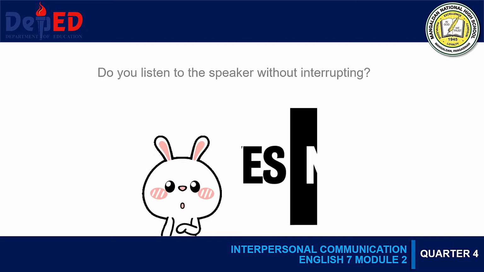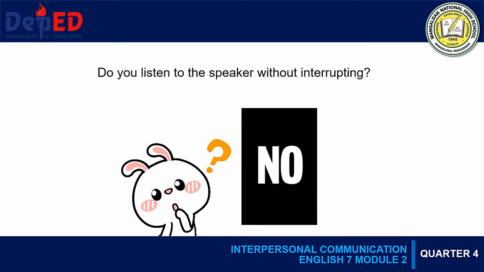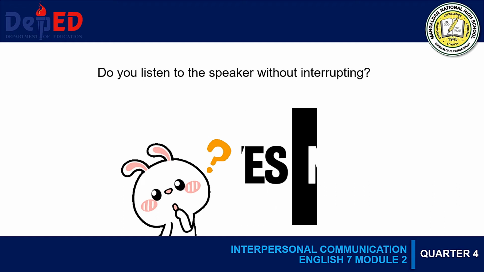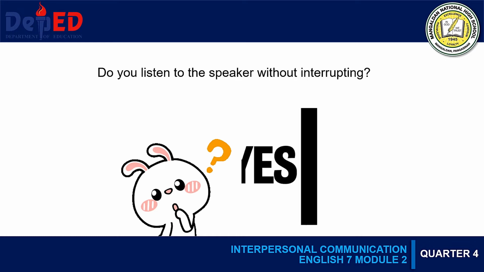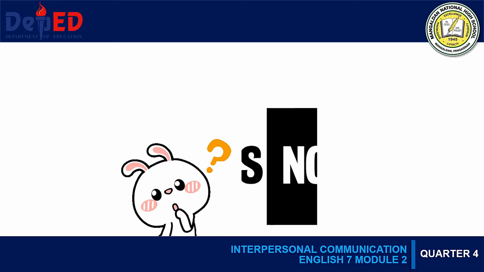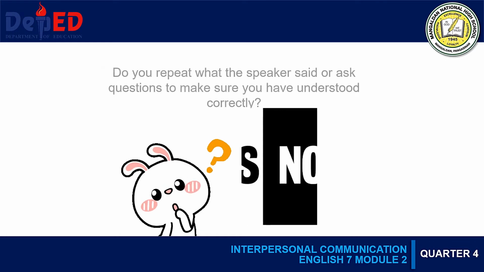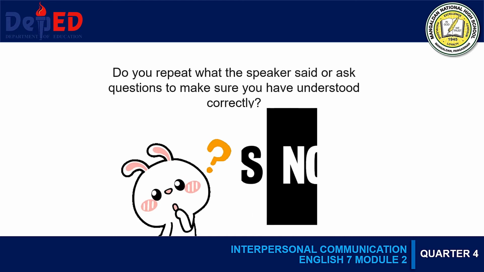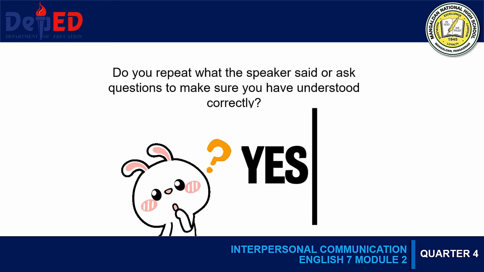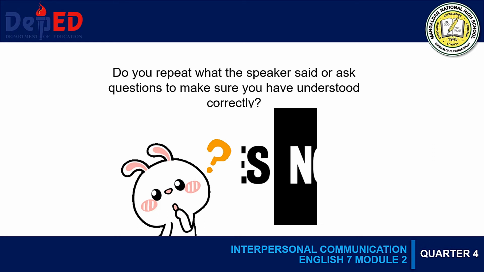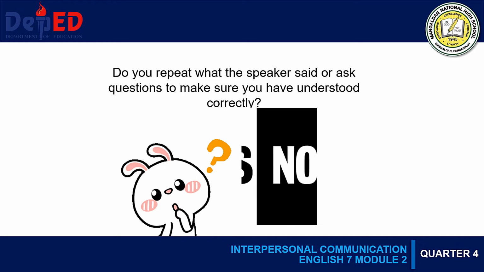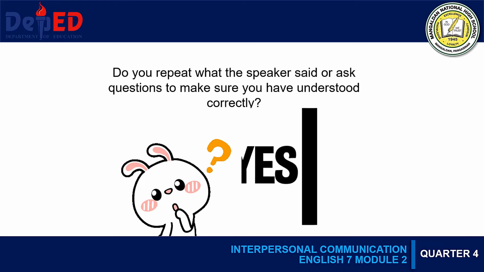Second question. When talking to someone, do you listen to the speaker without interrupting? Third question. When talking to someone, do you repeat what the speaker said or ask questions to make sure you have understood correctly?